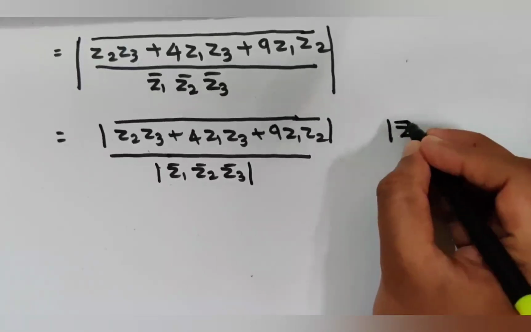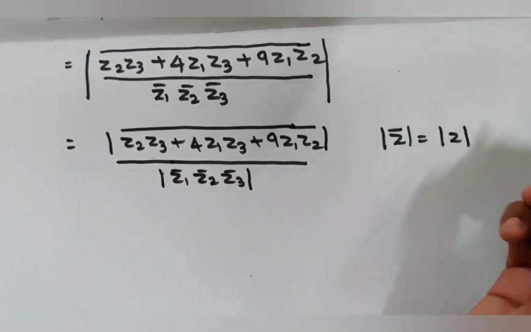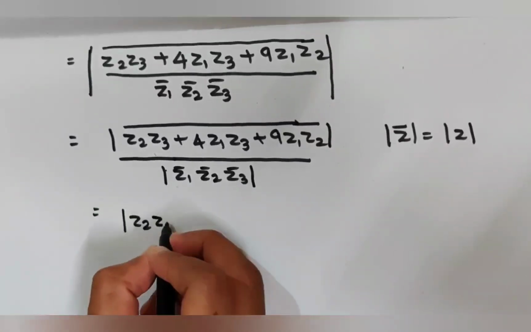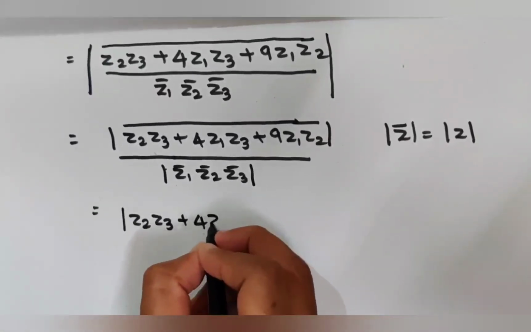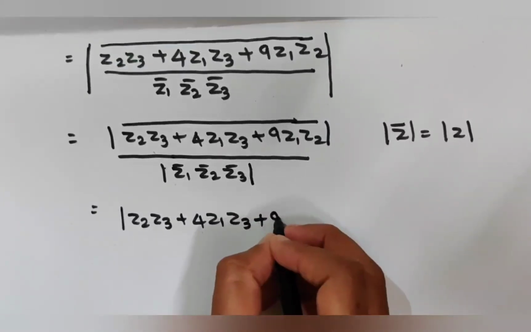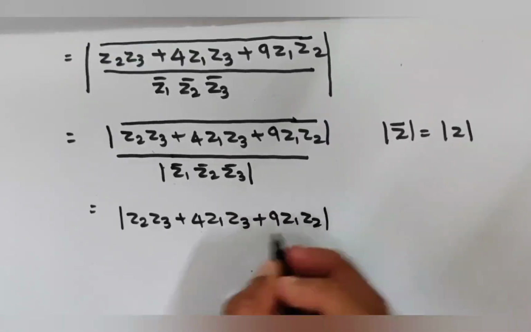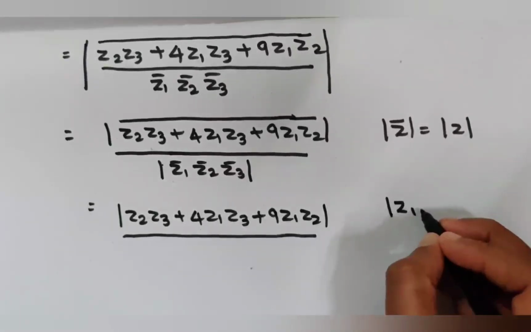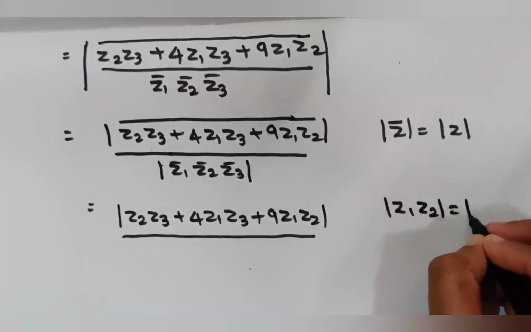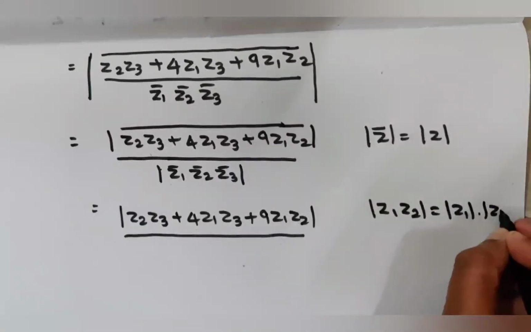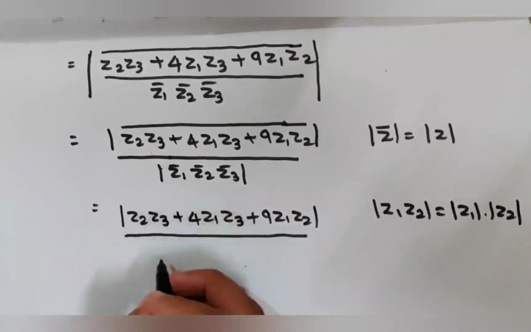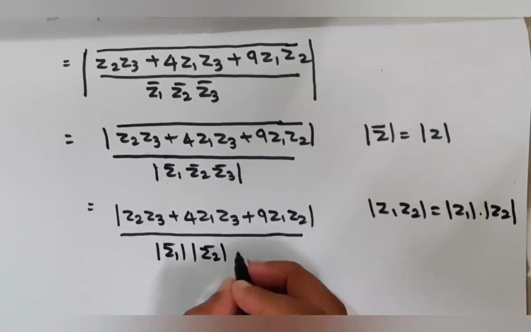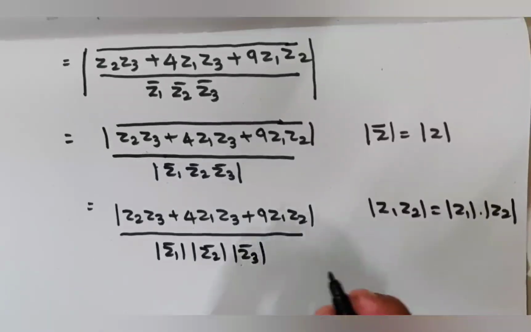Modulus of z bar can be written as modulus of z. So this can be written as modulus of z2 z3 plus 4 z1 z3 plus 9 z1 z2 divided by, and modulus of z1 into z2 can be written as modulus of z1 into modulus of z2. So this can be written as modulus of z1 bar, modulus of z2 bar, modulus of z3 bar.